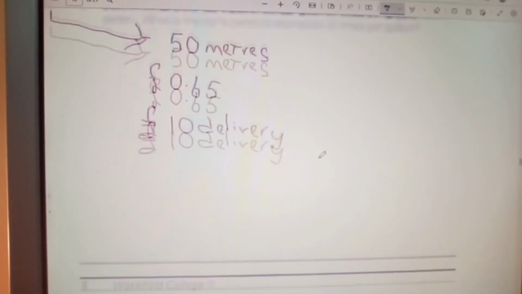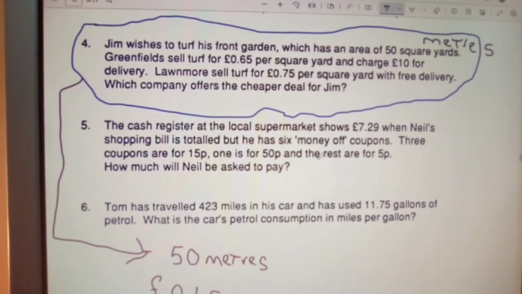Now, that's one side. Is that right? Yes. Delivery.